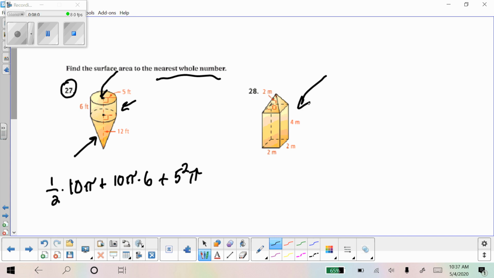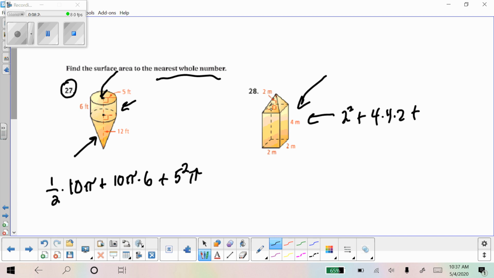Now in this one, I won't do this whole one, but 28 was a struggle also. It looks like on the rectangular prism part, there are 5 faces of that. So there's the 2 by 2 face, and there's 4 of the 4 by 2 faces.